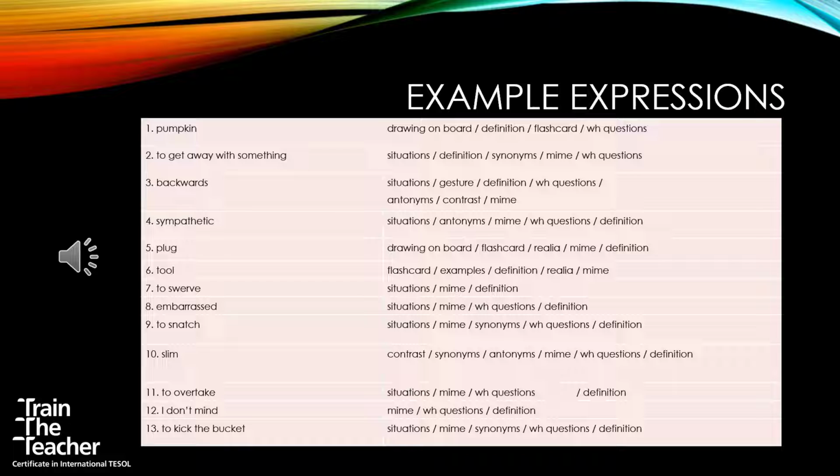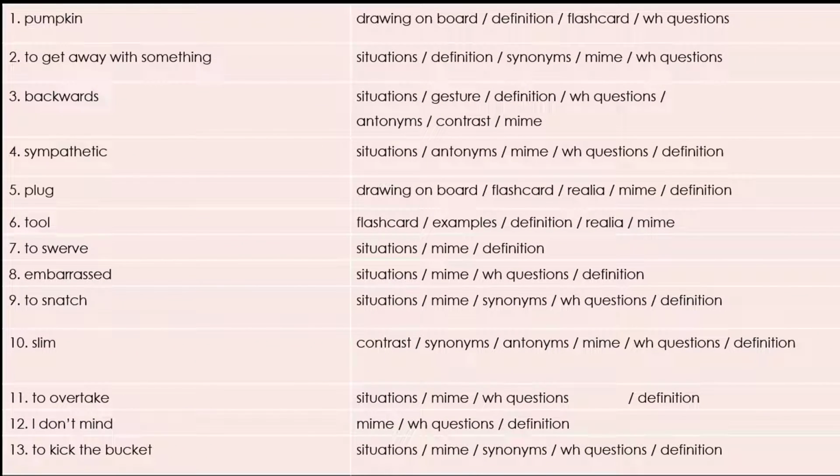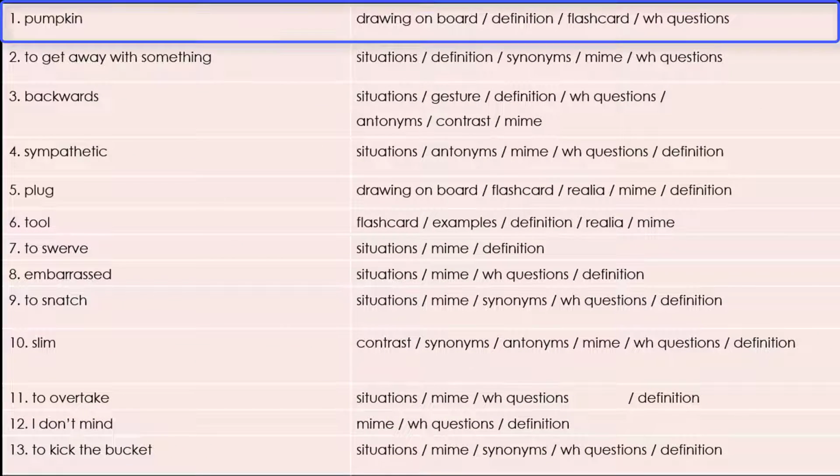So what we've got here is a whole range of expressions, and I thought it might be good to look at these to help us understand how we can do it. Examples are always very good for us as teachers. So we have the word pumpkin, and we want to clarify that. We can clarify that by, for example, drawing on the board or having a definition.